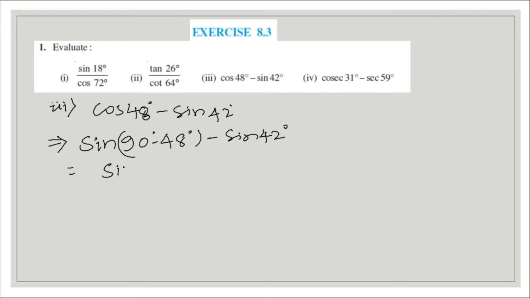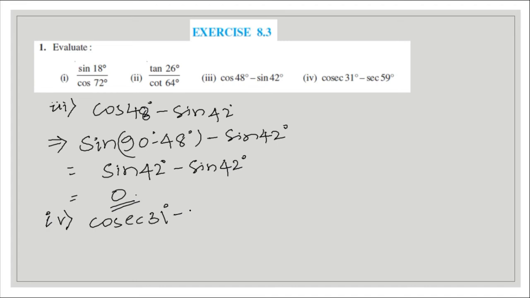So this becomes sin of 42 degrees minus sin of 42 degrees. They are one and the same with different signs. They get cancelled and we get the result as 0. Look at the fourth one. Cosecant 31 degrees minus secant 59 degrees.